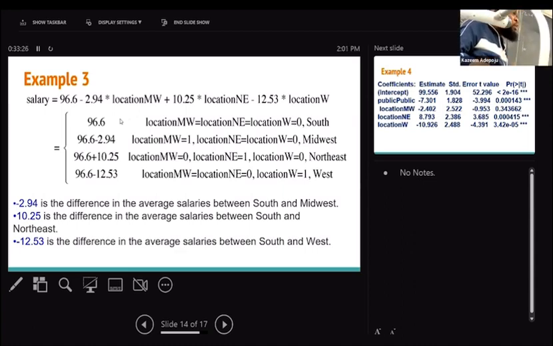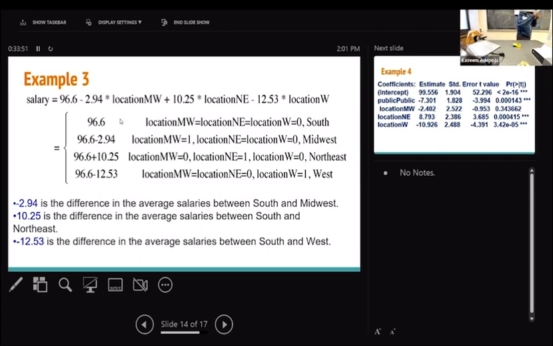That's why I said location Midwest equal to 0, location Northeast equal to 0, location West equal to 0, which means what am I focusing on? I'm focusing on the South. Why is it South? Because South is the reference. And when it is reference, the focus is on South. Does that make sense? I'm going to say it again.